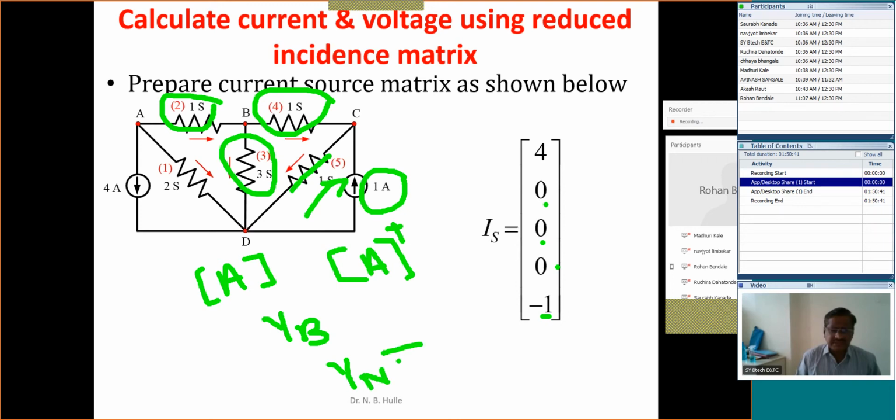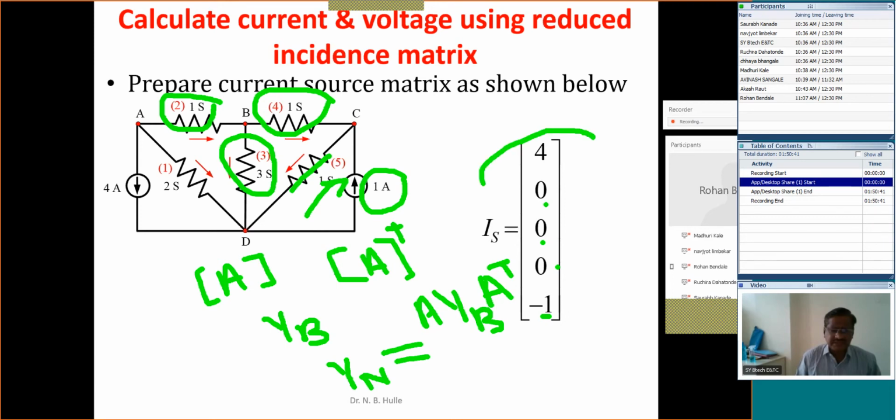That is the reduced incidence matrix's admittance matrix to be exact. How is it? It is nothing but A into YB into A transpose. Using this relation, we have prepared this YN. Is it right?